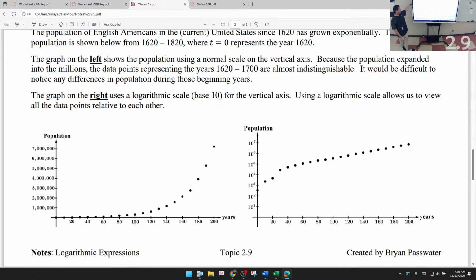It will be difficult to notice any differences in the population during those beginning years. The graph on the right uses a logarithmic scale. This is new to you. Base 10 for the vertical axis. Using logarithmic scales allows us to view all data points relative to each other.